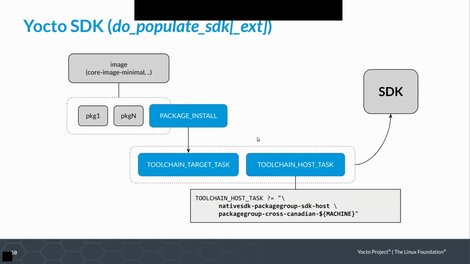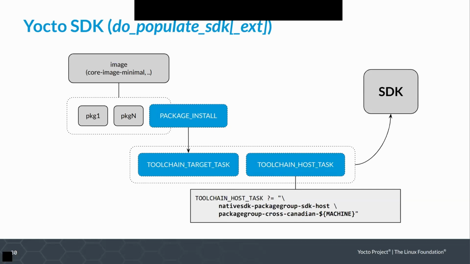So we have two types of packages. We have TOOLCHAIN_TARGET_TASK, which are recipes or packages that will go to the SDK, but are just meant for the target. They're not meant to run on the SDK machine.